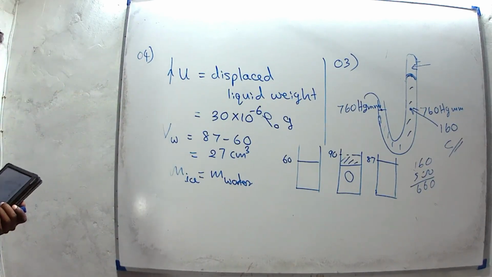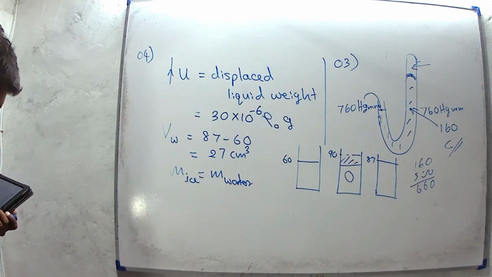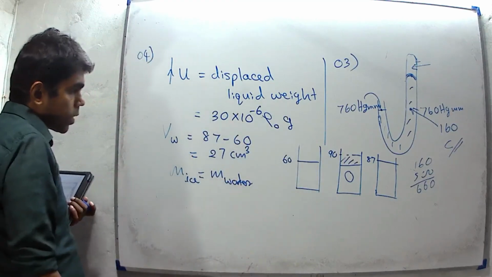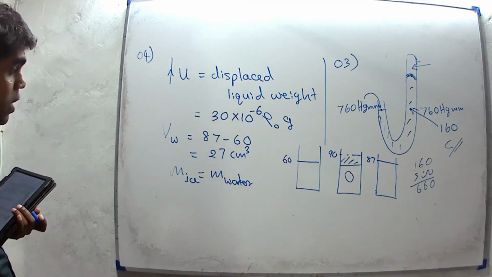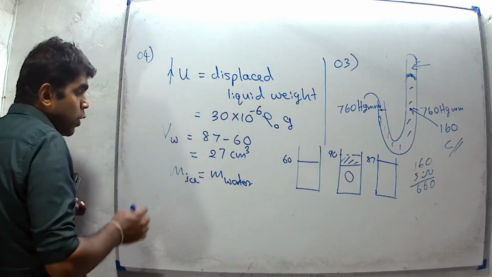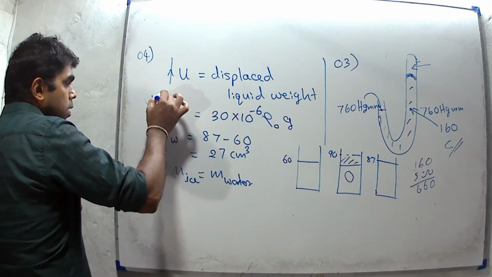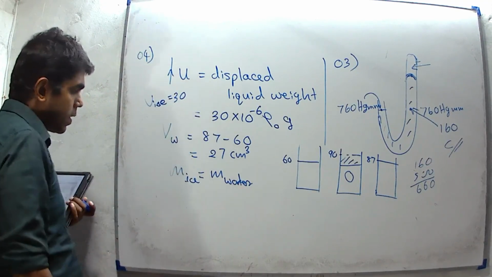We can substitute mass of ice by using volume. This is the upthrust. Upthrust equals to displaced liquid weight, and we know that ice volume is also equal to 30 cubic centimeters.